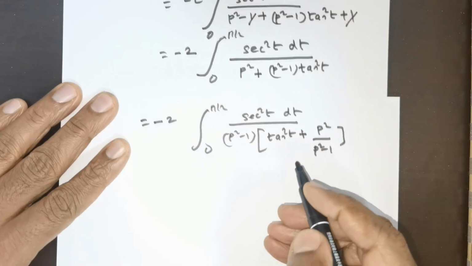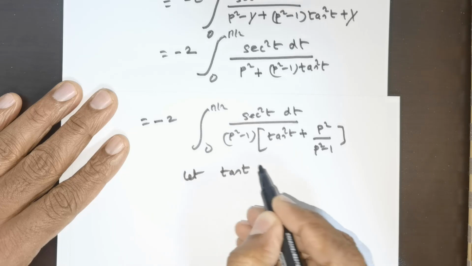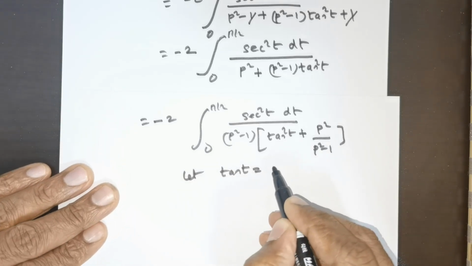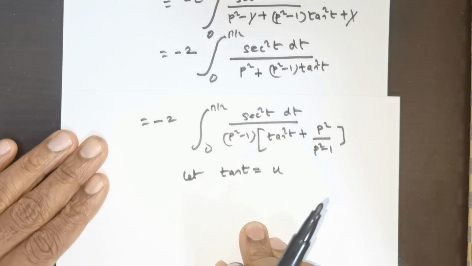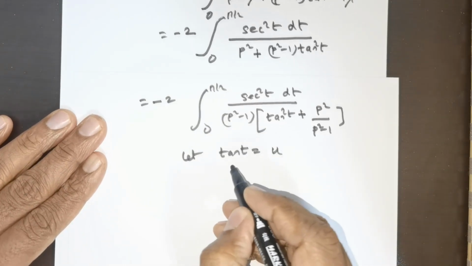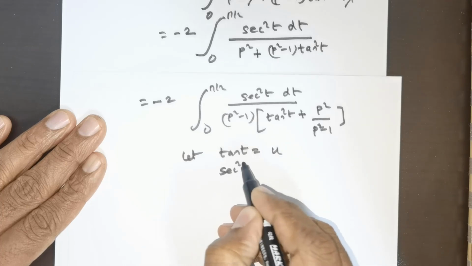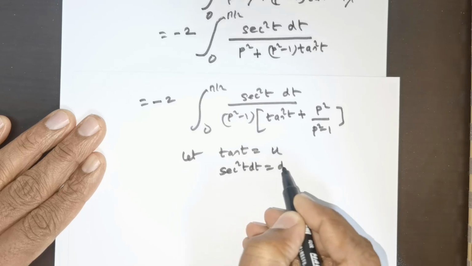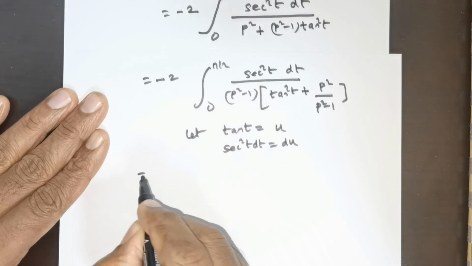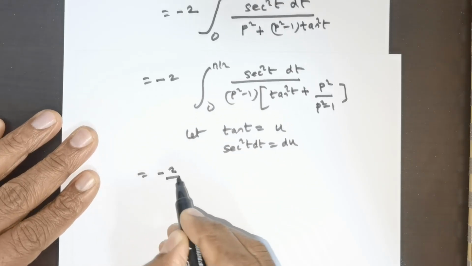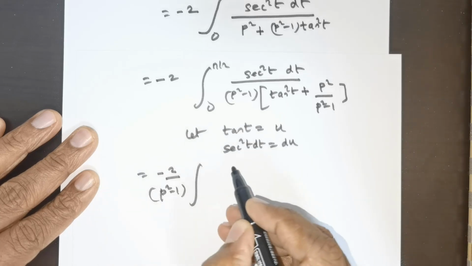Now I wish to make the following substitution. Let this tan t be equal to some u. Now if I differentiate tan, I get secant squared t dt is equal to du. So this is a constant, so we can take that out. It's going to be negative 2 divided by p squared minus 1 times the integral, and I'm not fixing the limits as yet.